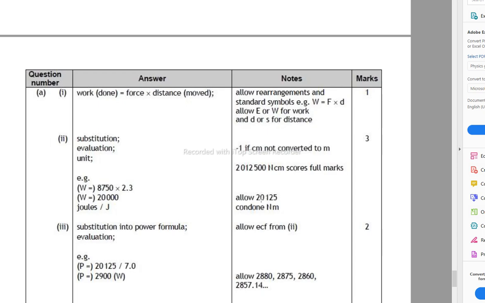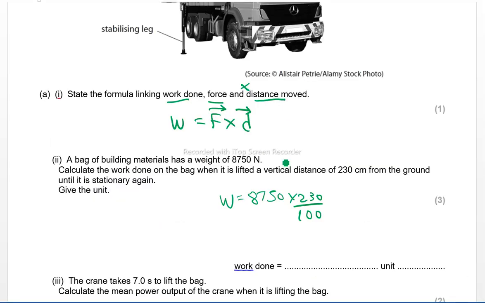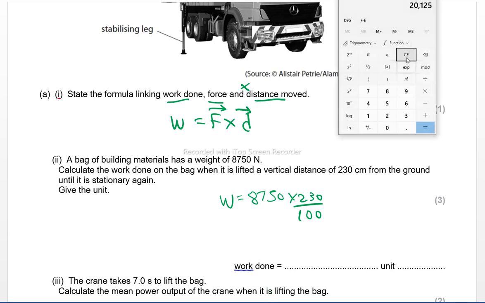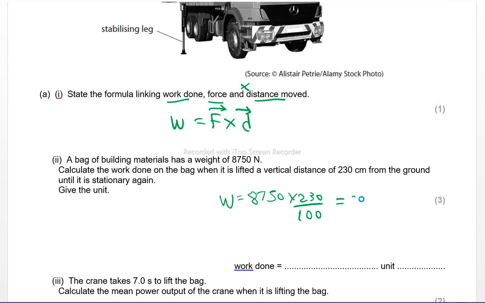The answer you get is 20,125. Right, we move to the question. 20,125. The unit is in joules.